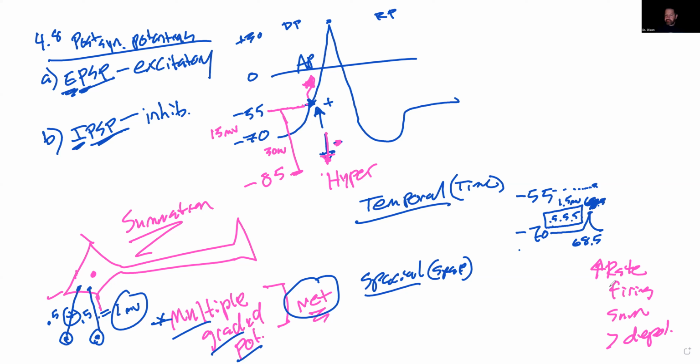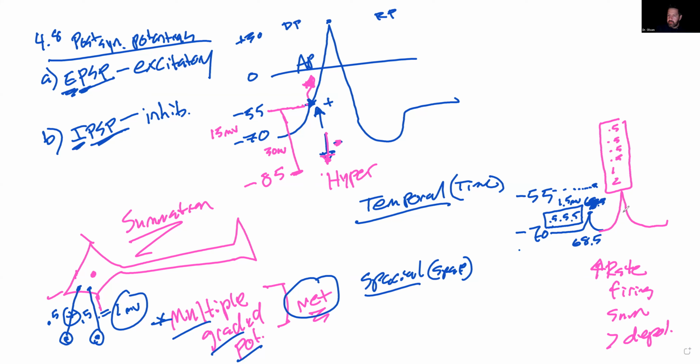depolarization, okay. And so what that would look like is that on the next one, let's say we come to this point right here and then back down. So in this case, let's say that we have 0.5, 0.5, 0.5, 0.5, and let's say some other ones in here, 1, 2, okay. Now we take the sum.